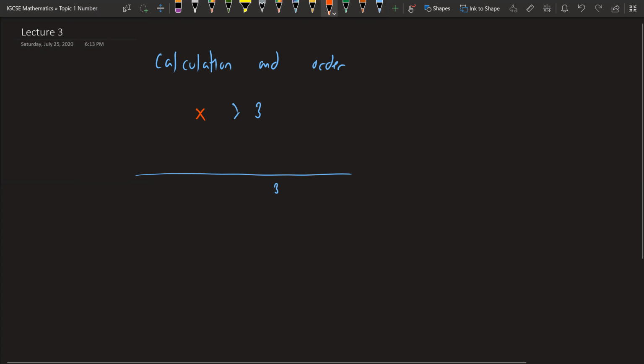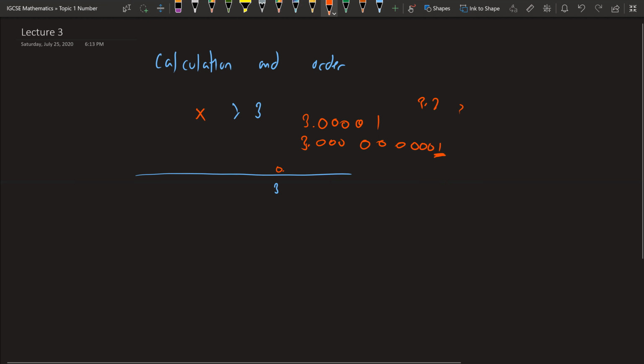Since x is more than 3, x could be 3.000001, 3.00000001, and so on, right? Or it could be 3.2, 3.1, it doesn't really matter. But it cannot be equal to 3.